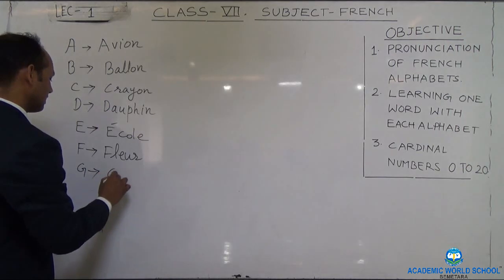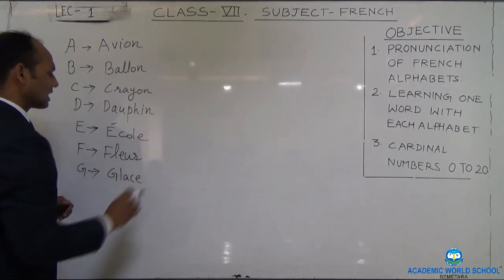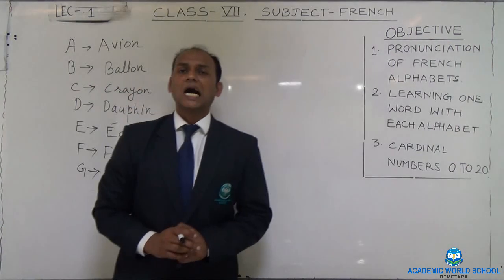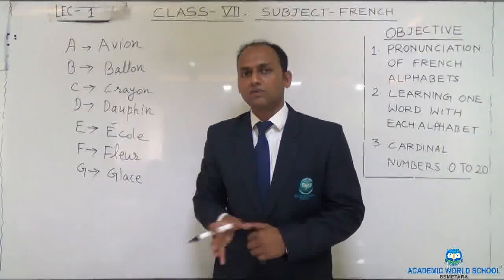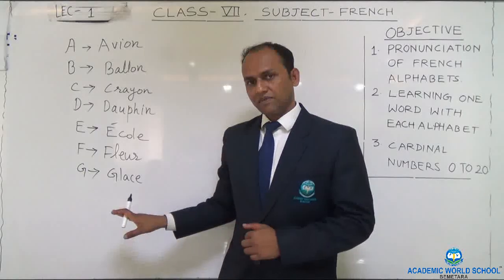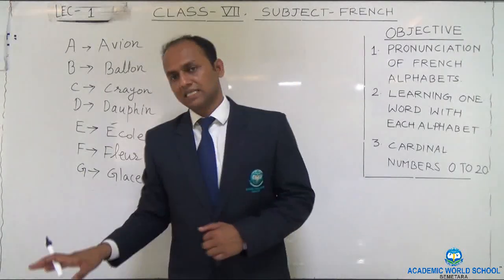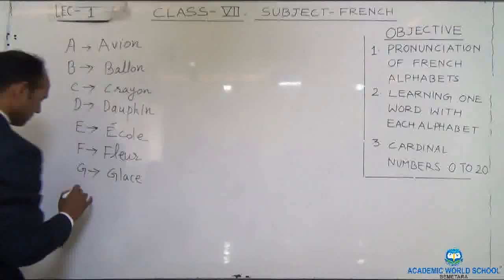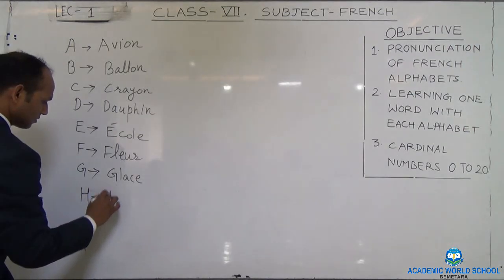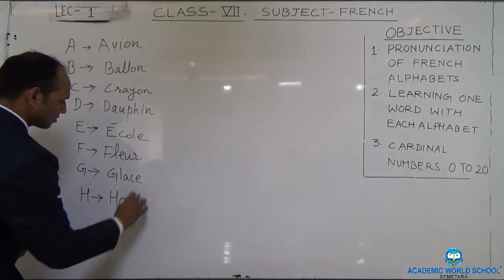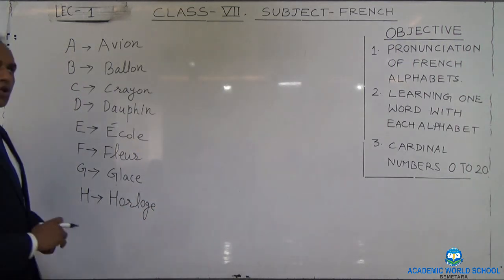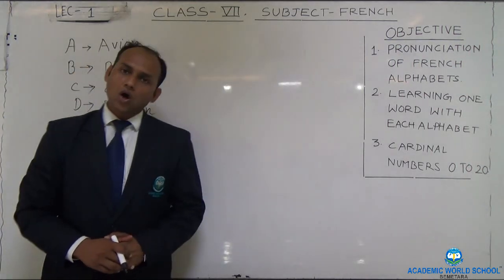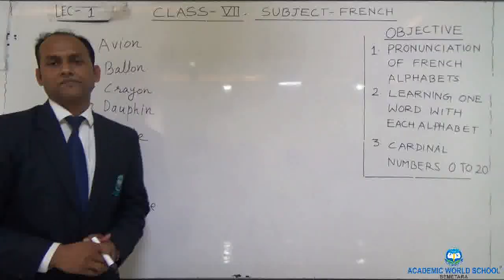G: Glace. Glace means ice cream. It's not a glass in which you drink water. It is ice cream. H: Horloge. Horloge means clock, for watching time.